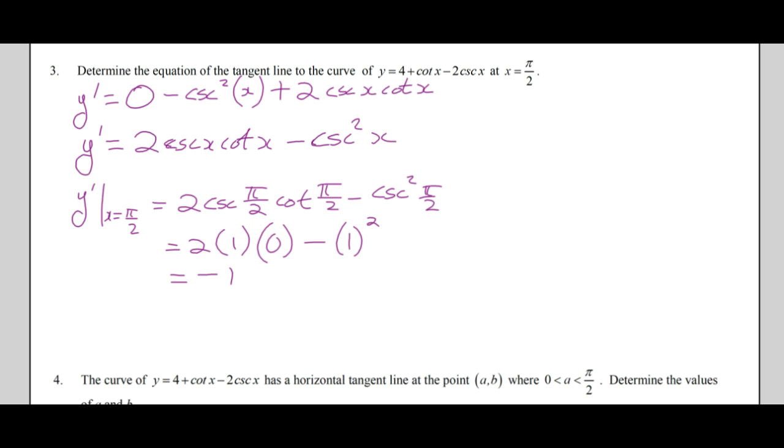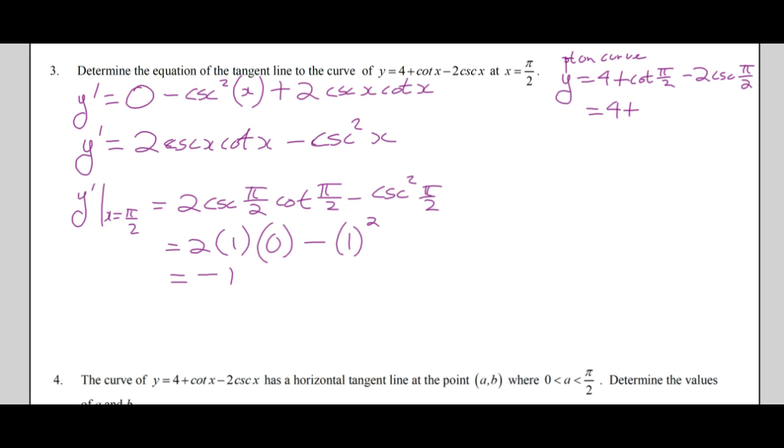And now we need a point on the curve. So the point on the curve: y is equal to 4 plus cotan pi over 2 minus 2 cosecant pi over 2. We just figured all those out, right? So it's nice, I'm not wasting any time.